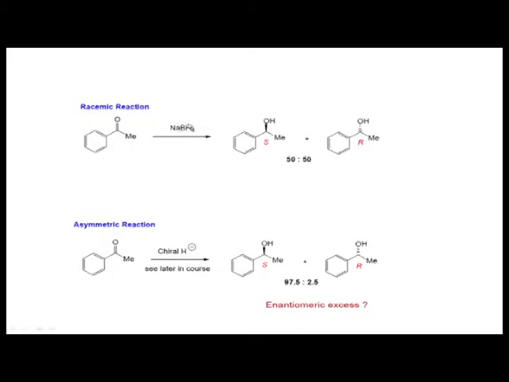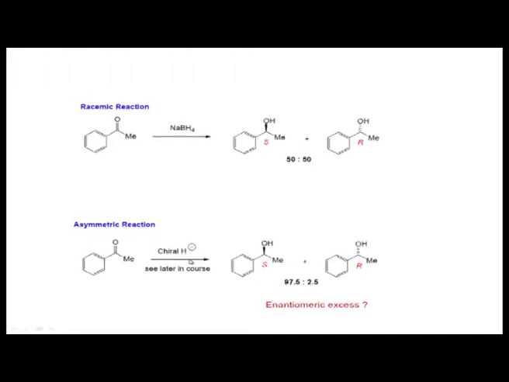Maybe all the hydrogens are not present, because you need only one hydrogen of the boron to reduce the carbonyl to the alcohol. So, maybe you have one boron connected to one hydrogen, and the other groups are basically chiral groups, in only one chiral configuration. Those are called chiral boron reducing agents.